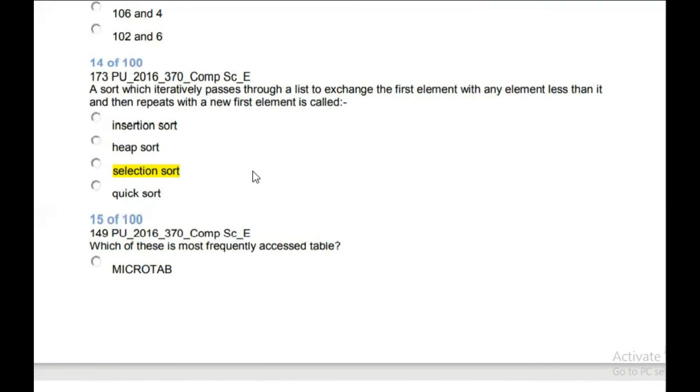If we find the fifth element is less than the first element, then we swap the fifth with the first element. If the selection goes up to the end point, after one iteration, where the first element is compared with all other elements, the first element would be the smallest element in that series.